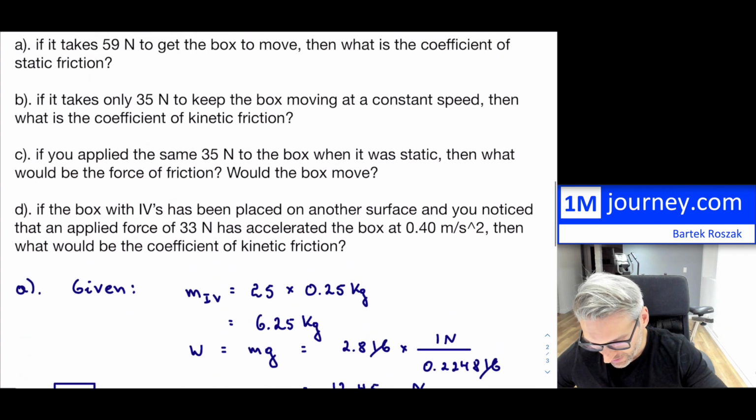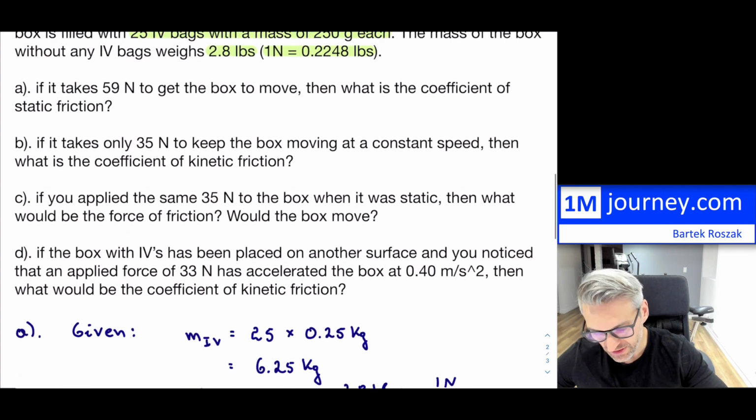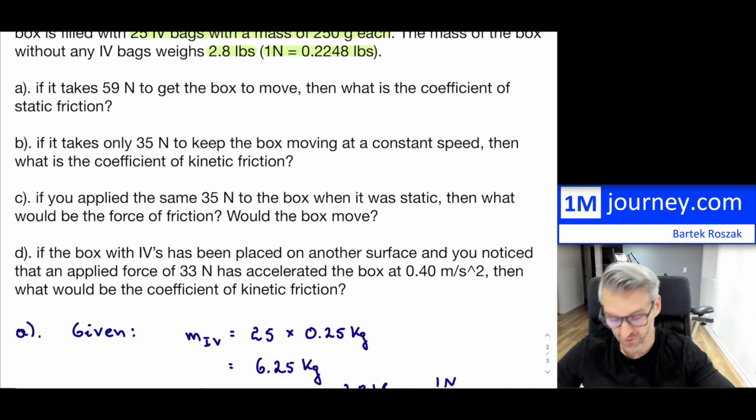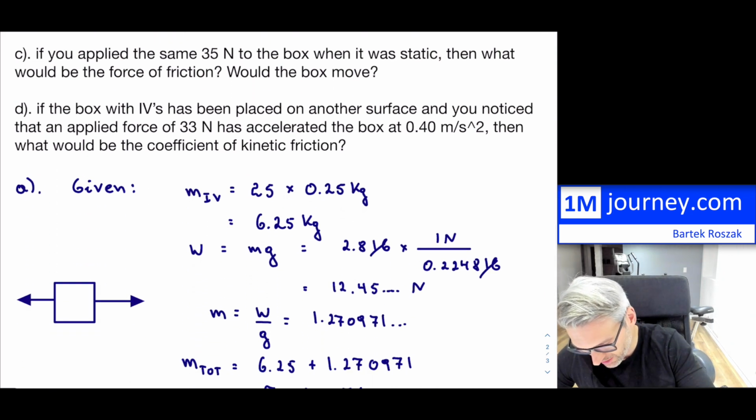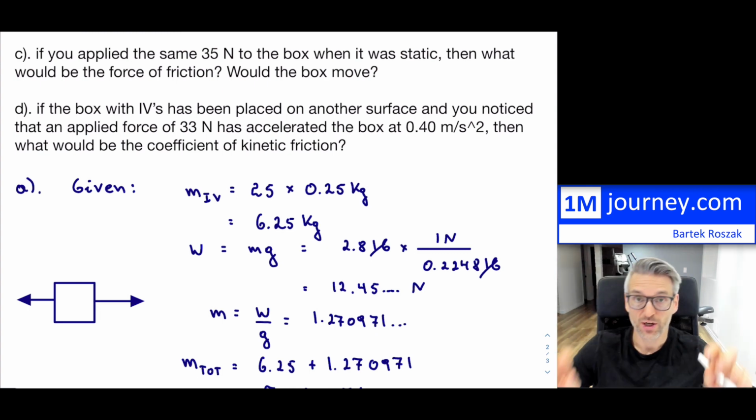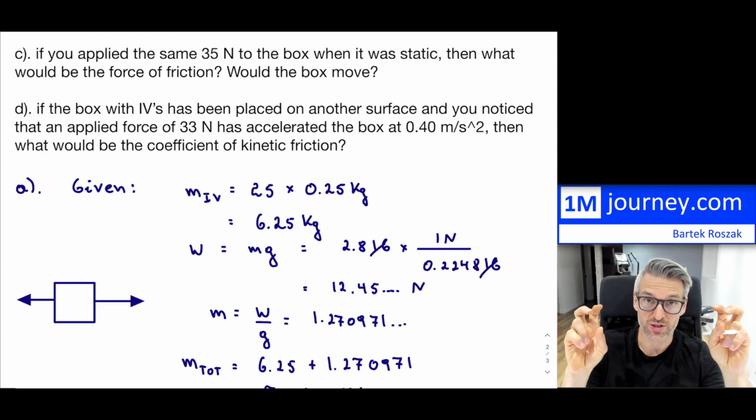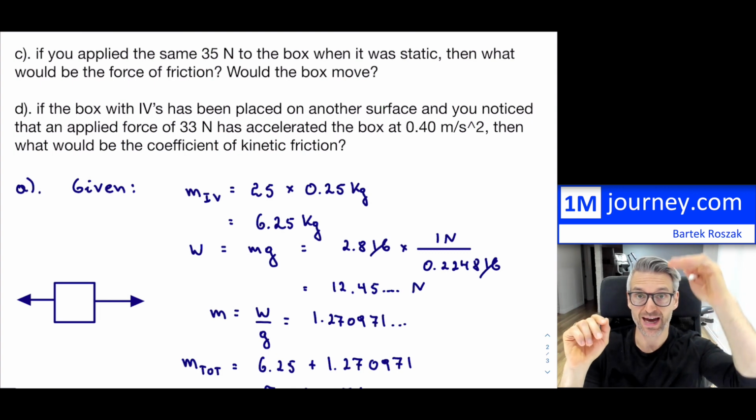Now, it says that it takes 59 newtons to get the box to move. So what that means is this is going to be the actual force of static friction, so the maximum.